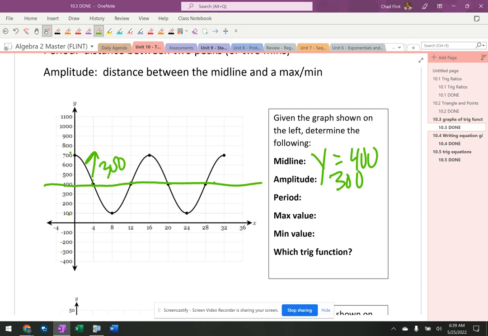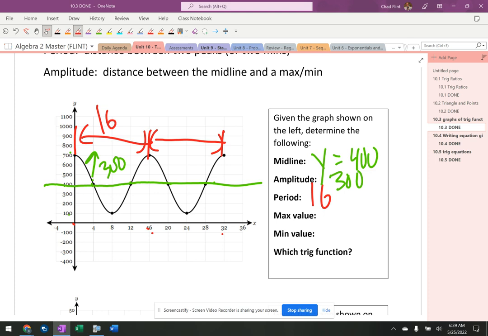The period is the distance between the two tops, there to there, or the next two, or it could be here to here. That could be the period. Let's do the period in red. So the period could be there to there, or it could be there to there. That is from 0 to 16, and then that one is from 16 to 32, so it's also 16.